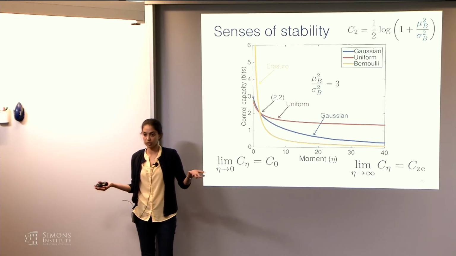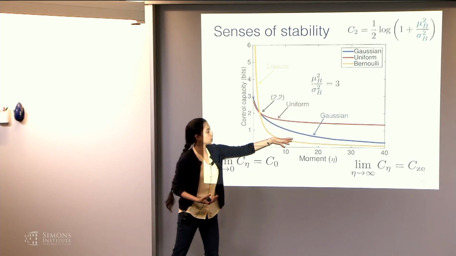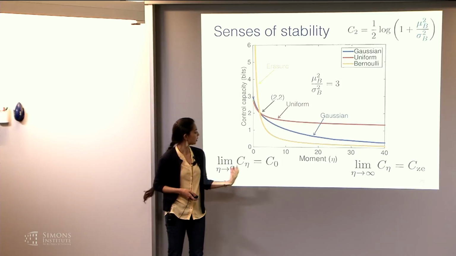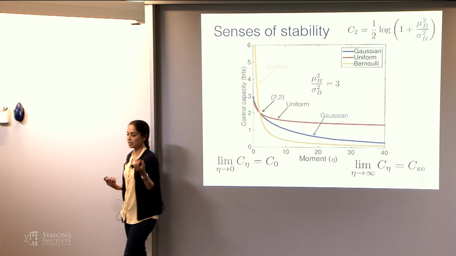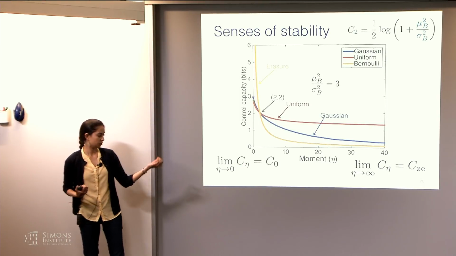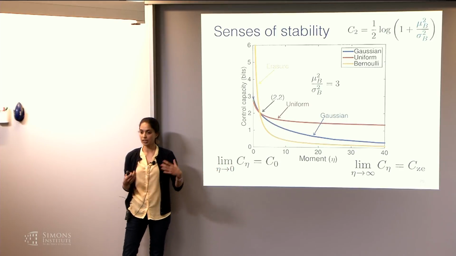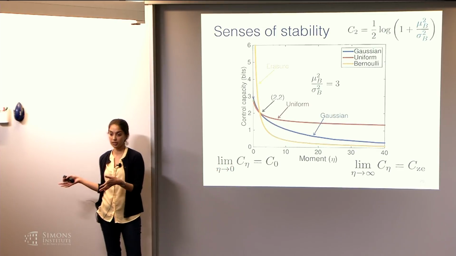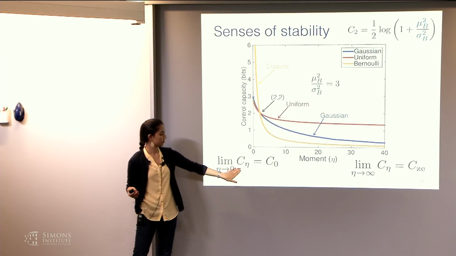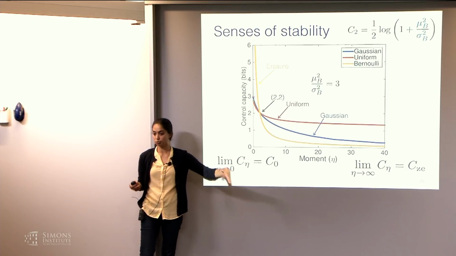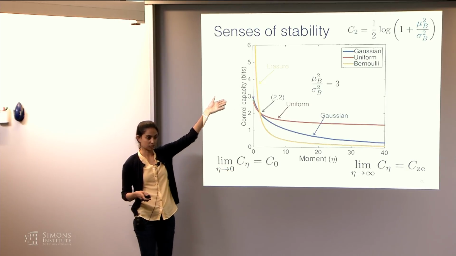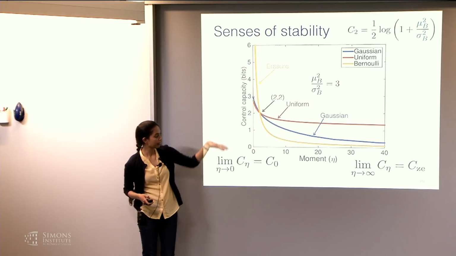But when you start looking at different moments, you see that these behave quite differently. And furthermore, as eta, the moment of stability, tends to 0, we converge exactly to this notion of stability in probability. So the limit of C_eta as eta goes to 0, we can prove, is exactly the C_0 that I defined earlier.